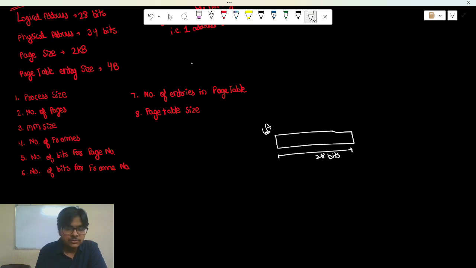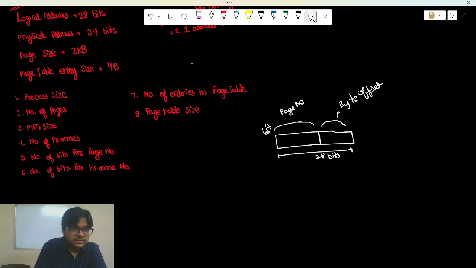Now from the logical address, as we know, a prefix is the page number. So it will be divided into two parts. The first one is the page number, and the second one is the byte offset.